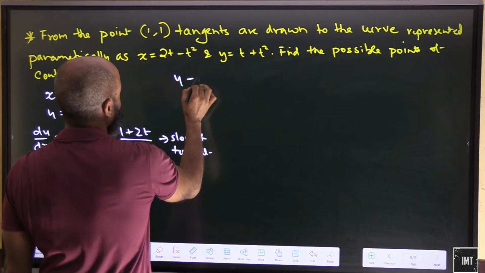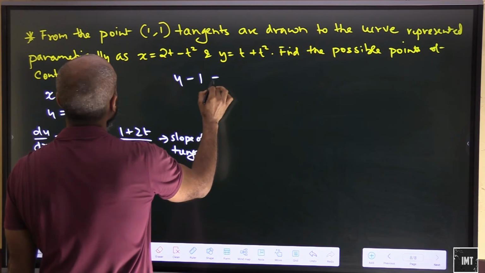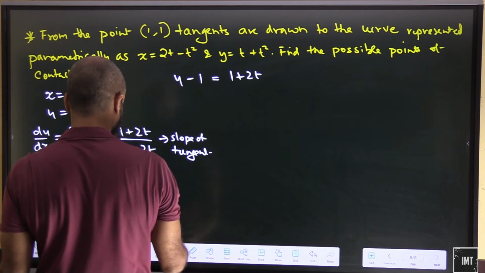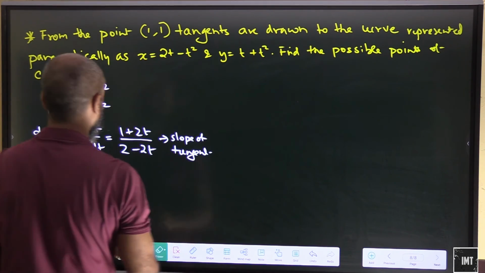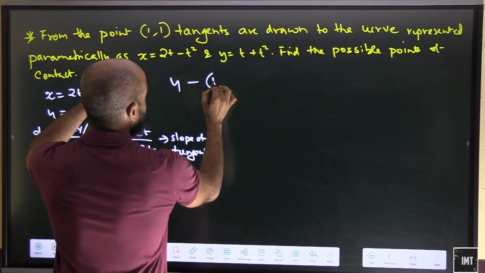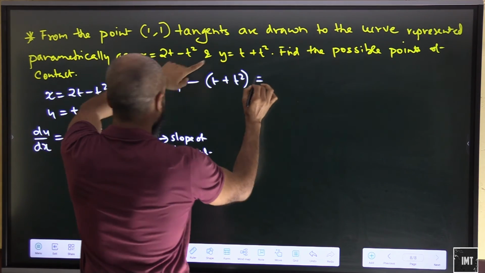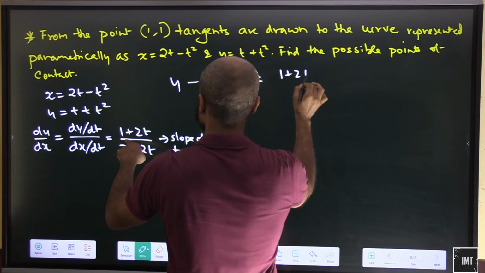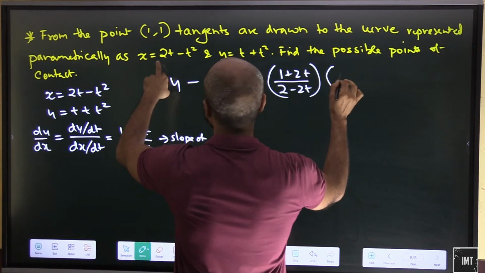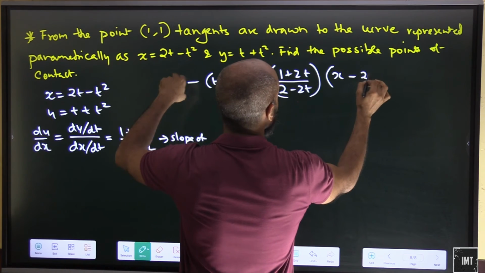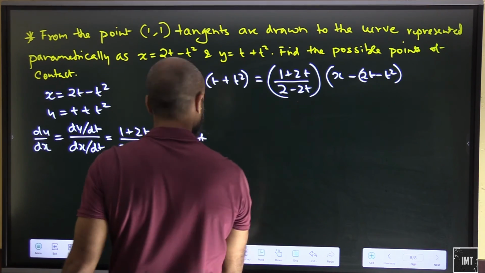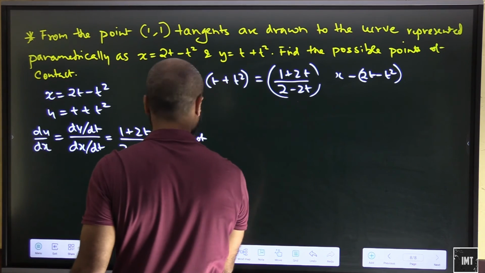So y minus y1, that is y minus (t plus t square), is equal to m, that is (1 plus 2t) upon (2 minus 2t), into x minus x1, that is x minus (2t minus t square).